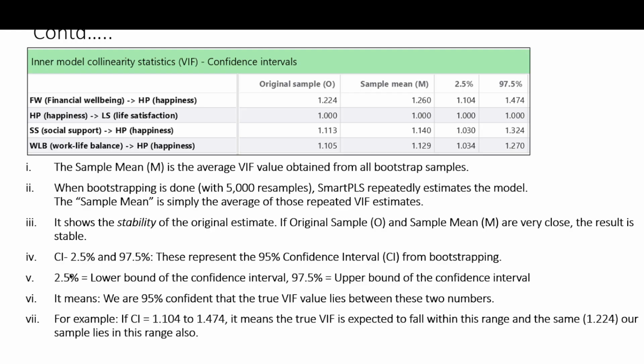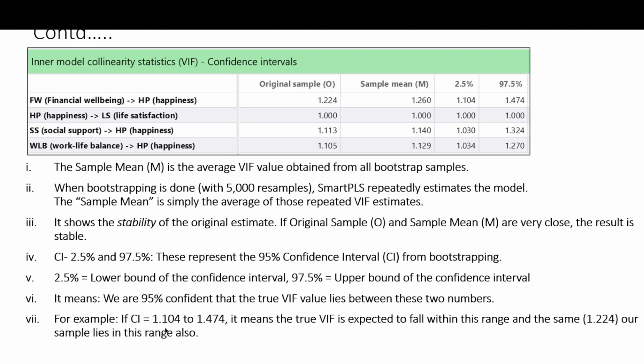Now, the confidence interval lies from 2.5% to 97.5%. These represent the 95% confidence interval from bootstrapping. The 2.5% indicates the lower bound of the confidence interval, and 97.5% indicates the upper bound. It means that we are 95% confident that the true VIF value lies between these two numbers.